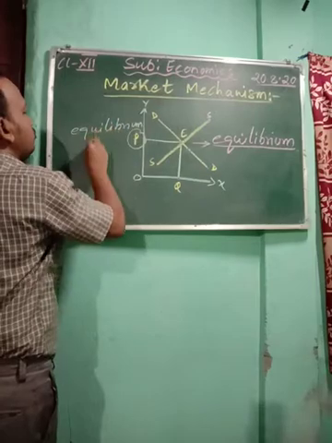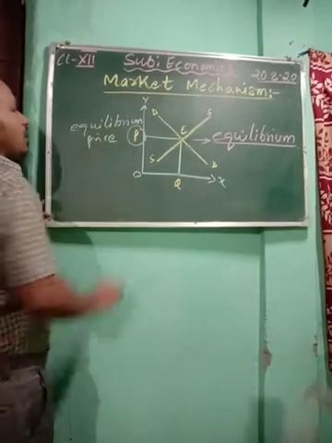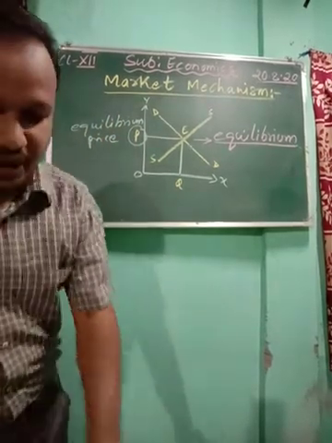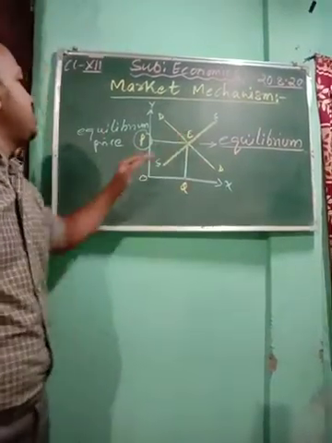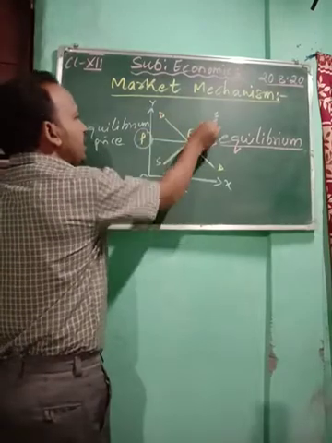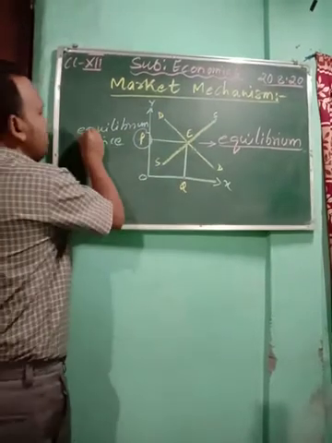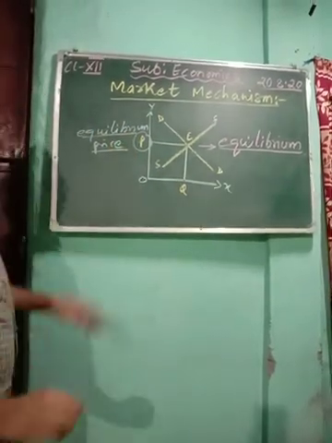This is your equilibrium price, the price at which the quantity demanded of a commodity is equal to the quantity supplied. At this price the demand and supply are equal.